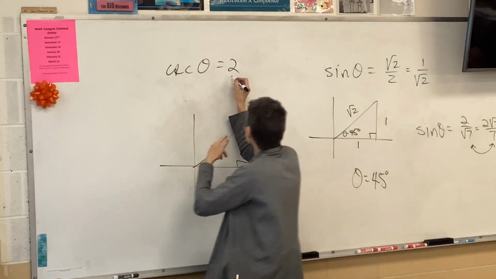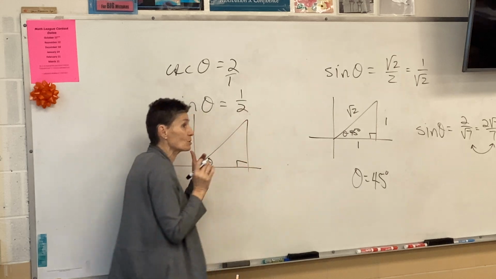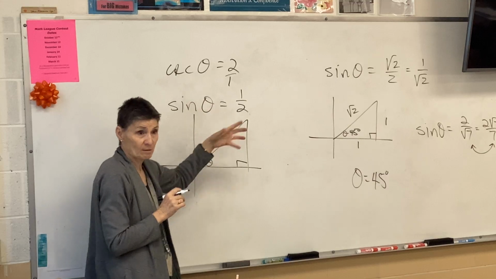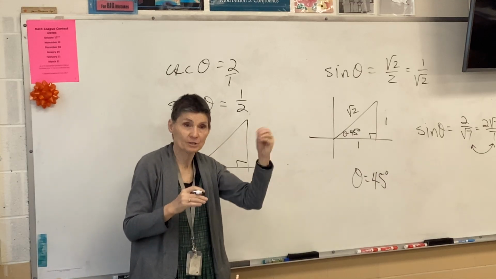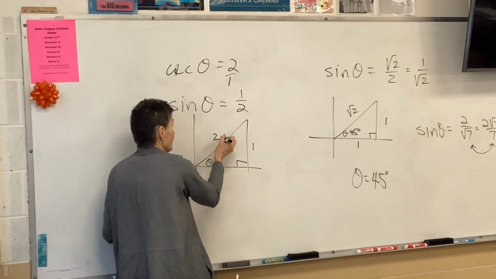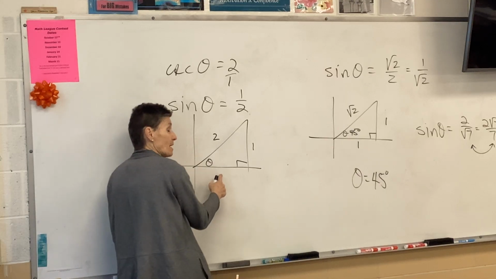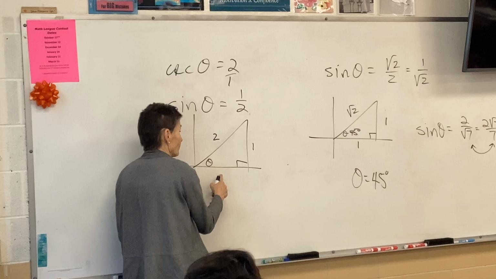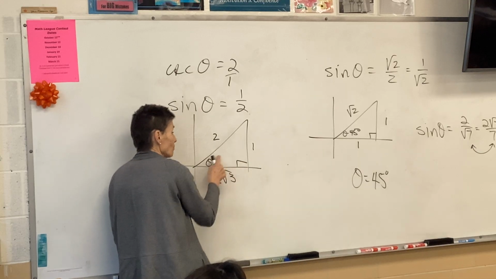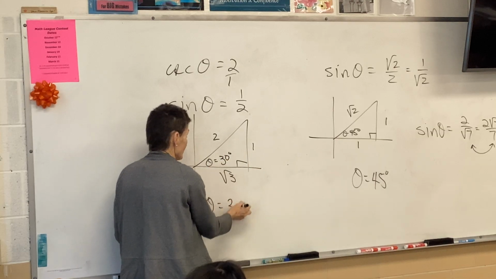So if the cosecant is 2 over 1, doesn't that mean the sine is 1/2? And that makes more sense to me because I remember SOH CAH TOA. So the opposite side is 1 and the hypotenuse is 2. What does that make this side? Square root of 3. And what does that make this angle? Across from the 1, 30. So my answer is 30 degrees.